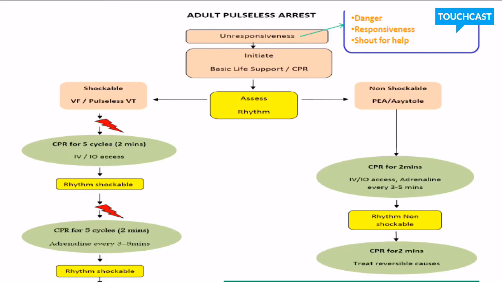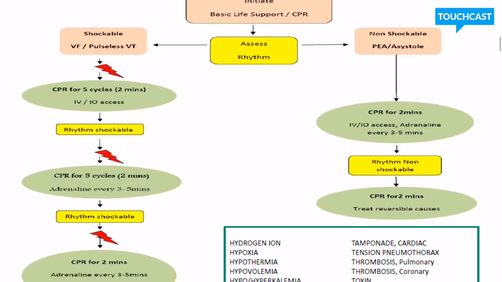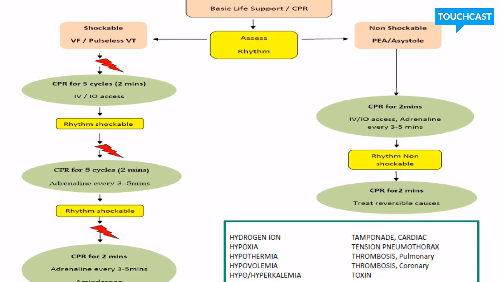Then when 2 minutes is up, you stop chest compression, you analyze the rhythm, still VF, immediately you give the second shock. I'm clear, you clear, everybody clear. Shock given, continue CPR.